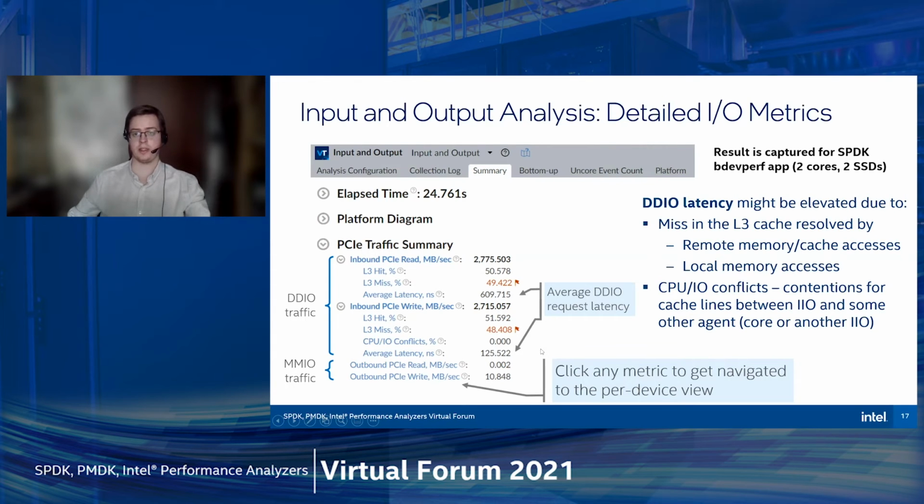So basically, latency might be elevated due to two things. We either have a miss in the L3 cache, and this miss is addressed by reading the data from the remote memory subsystem or local memory, which will have slightly different latencies. And the other case why latency might be elevated is CPU IO conflicts.